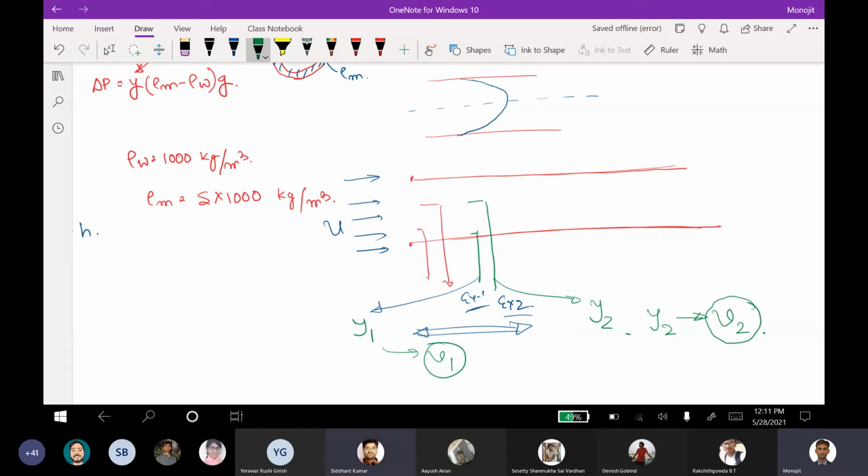I don't know whether you know the concept of boundary layer. So this is how your boundary layer grows. This blue is the boundary layer, and after this point, this is marked as the entrance length.